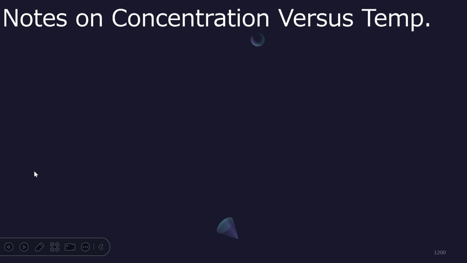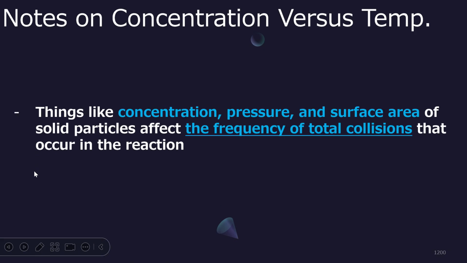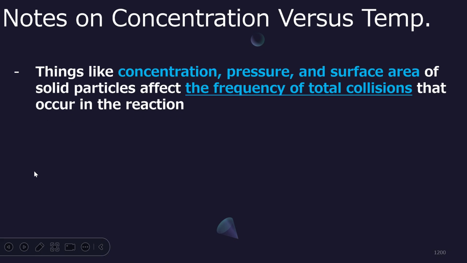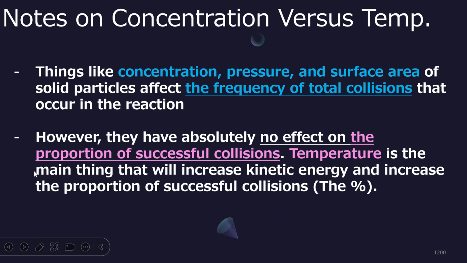All right, so some notes about concentration and temperature. Things like concentration, pressure, and surface area sort of belong to the same family. They just allow more collisions to take place between your reactants. The frequency of total collisions is connected with concentration, pressure, and surface area. Compare that with temperature though.